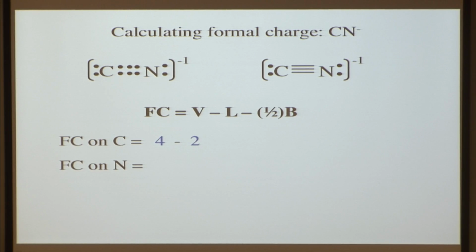This is the total number of lone pair electrons here. And then half the number of bonding electrons. So it has 6 bonding electrons, and half of that is 3. And so that should add up to a charge of -1. You can also, instead of thinking half the number of bonding electrons, just think about the number of bonds if you want to do this.